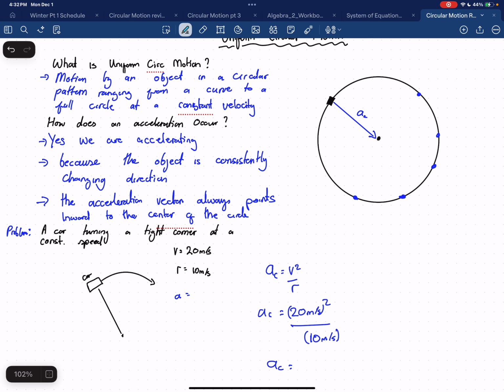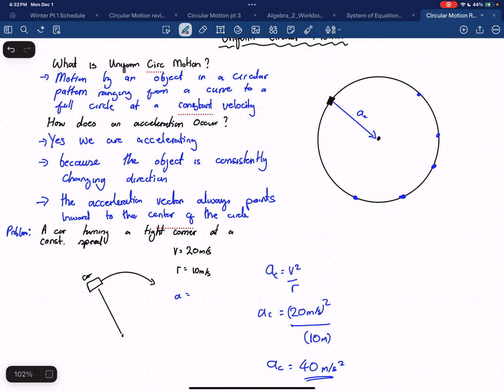Let's see. 20 squared divided by 10. I don't know why I have meters per second here. Oopsie. I guess I'm rusty as well. Yeah, it's 40, exactly. 40 meters per second squared. All right? So that's our centripetal acceleration.